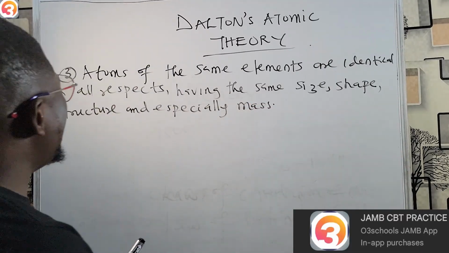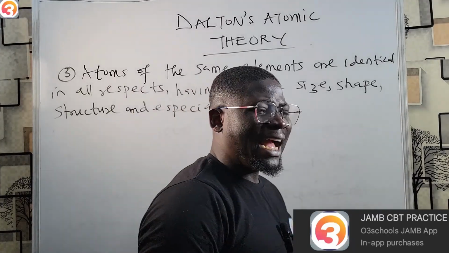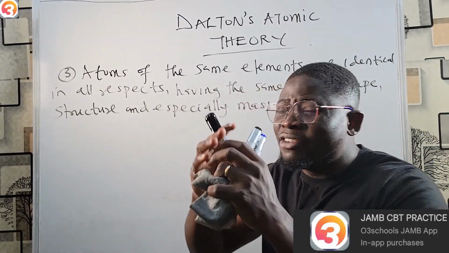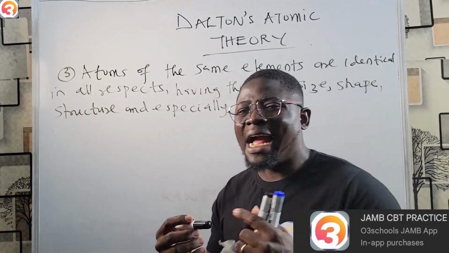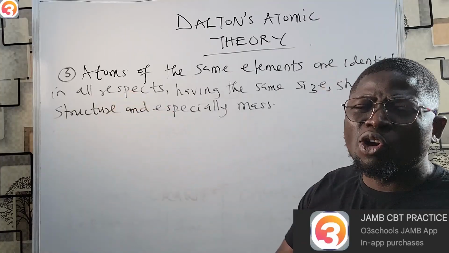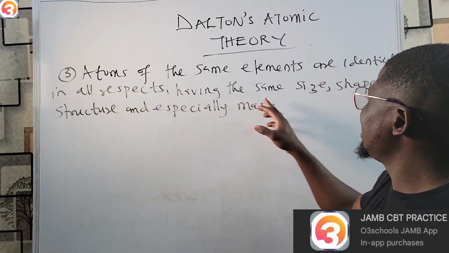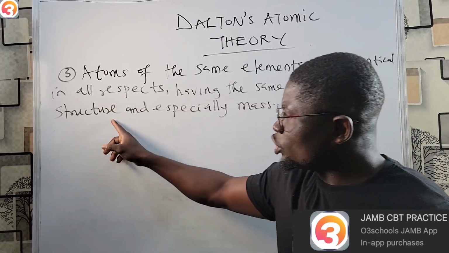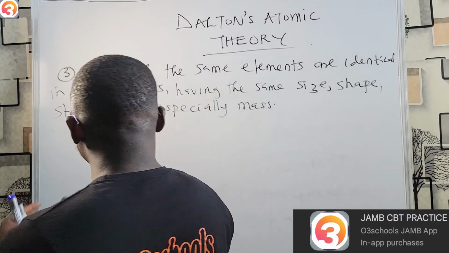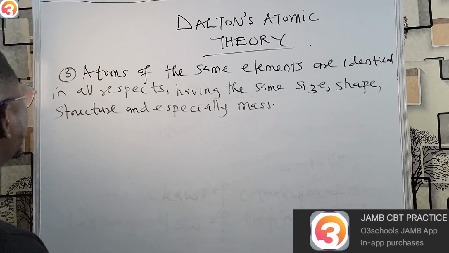All right, so you say atoms of what? The same elements are identical. Atoms of the same element are identical in all regards, in all respects, in all aspects, having the same size, shape, structure, and especially mass. This was the third postulate John Dalton made.